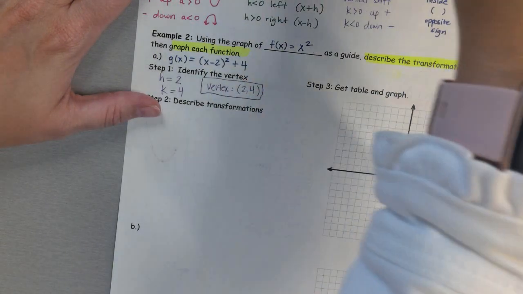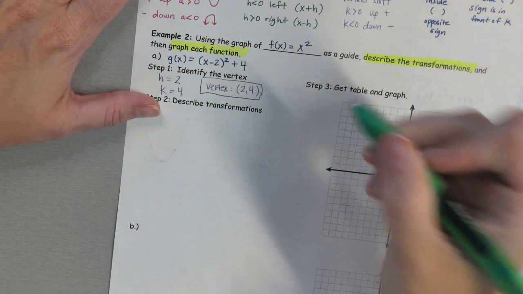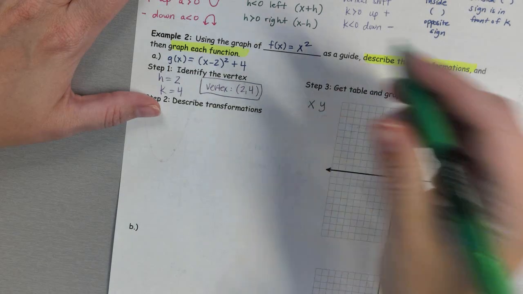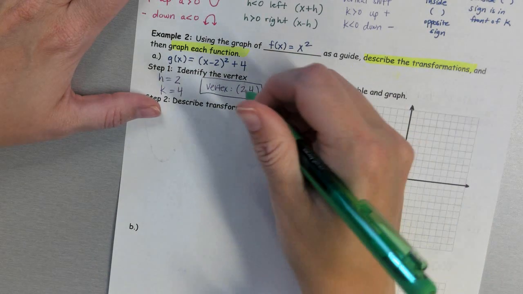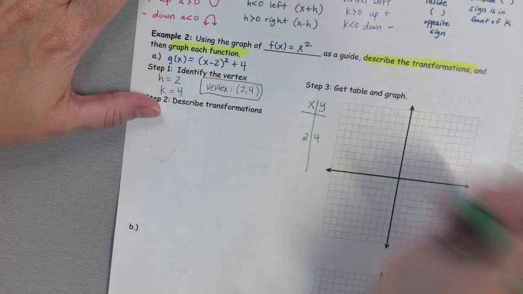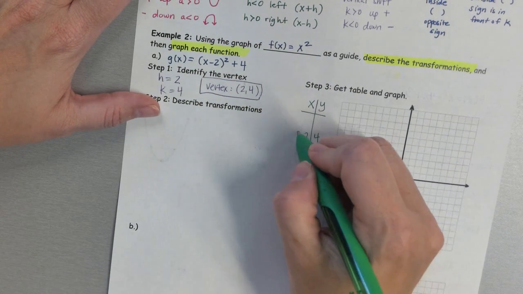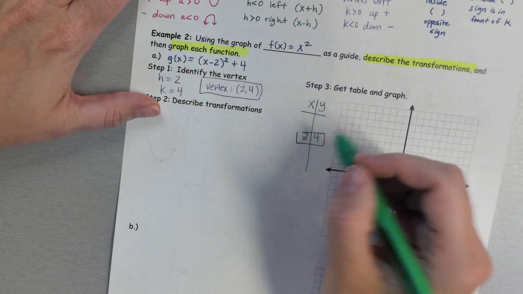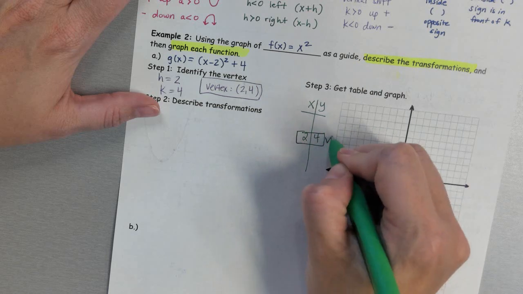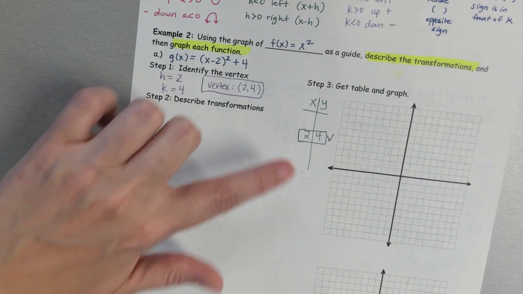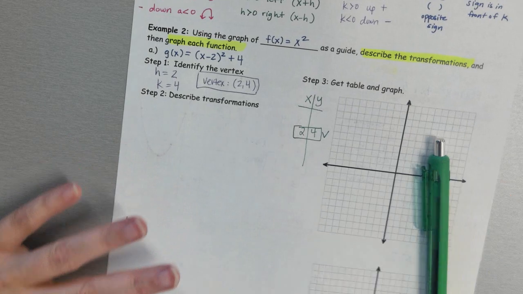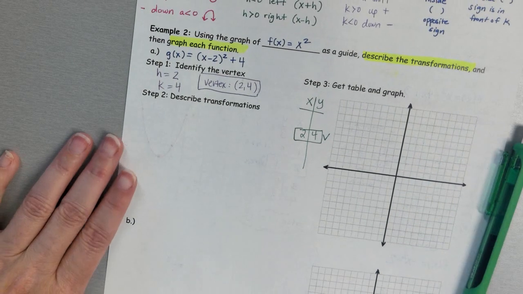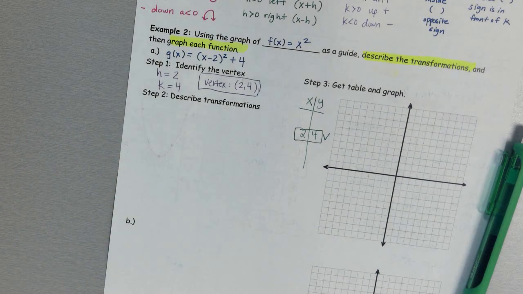For our function, we're going to put (2, 4) in the middle. The vertex goes in the middle. And then I want you to see if you can pick your other x values, find the y's, and then graph it.